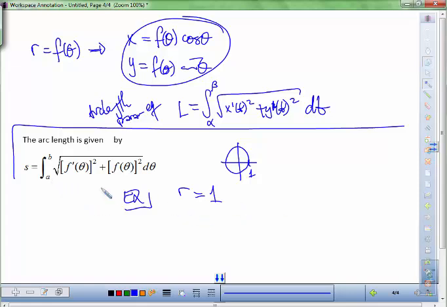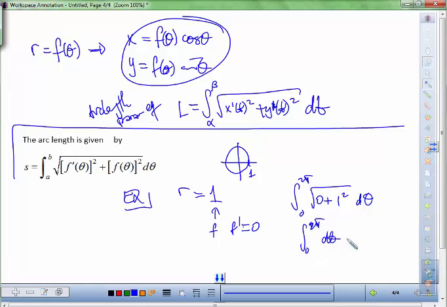So according to this arc length formula, we need f. This is f. What's f prime? That's a constant, so the derivative is going to be equal to 0. We're integrating this from 0 to 2 pi, and we have the square root of 0 plus 1. And then that's just 1. So that's just 2 pi, which is what we expected. Circumference of the circle is 2 pi.